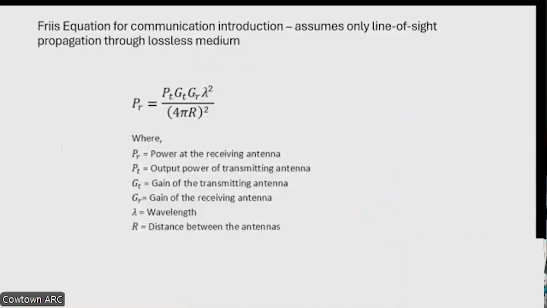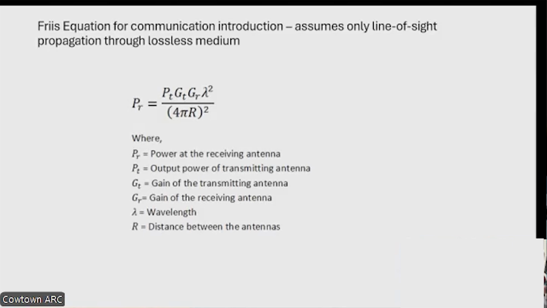So this is kind of a starting point for when we talk about propagation in some of our classes. I don't know if you have seen this kind of thing before, but it's just called the Friis equation. When people talk about communications, like space communications or whatever, this is kind of the starting point they use.